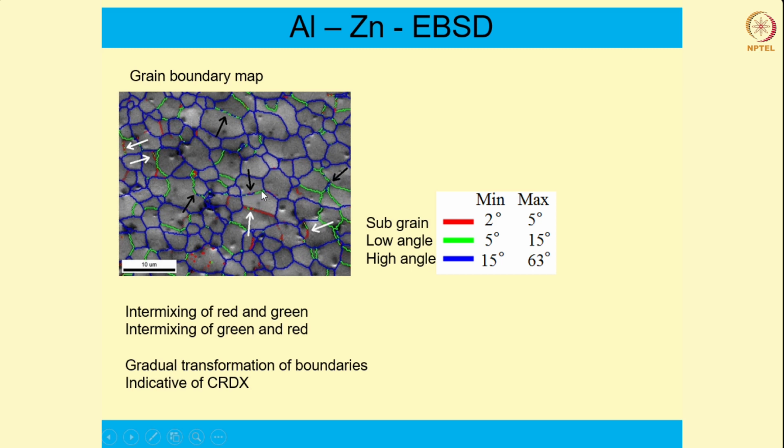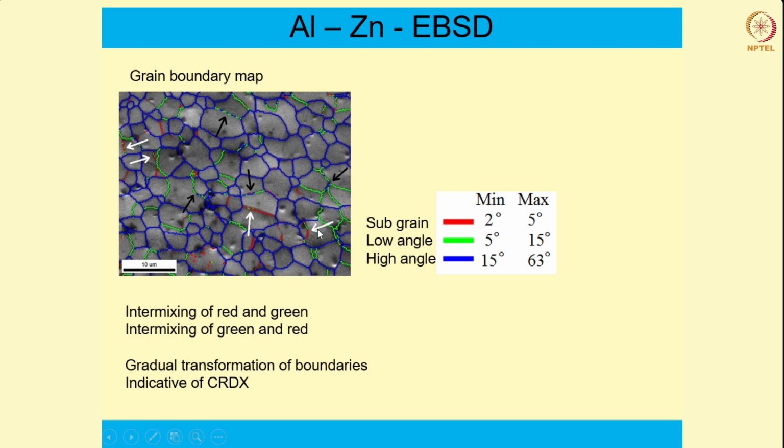What it tells you is that this boundary was in the beginning a low angle boundary which would have formed by dislocation rearrangement, and now it is in the process of evolving into a high angle grain boundary, and that is why it is turning into this blue color that you see here. So this tells you that this process is happening continuously. The microstructure is evolving continuously. So this indicates the occurrence of the CDRX process rather than DDRX.